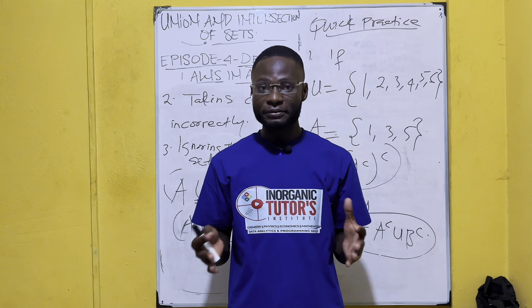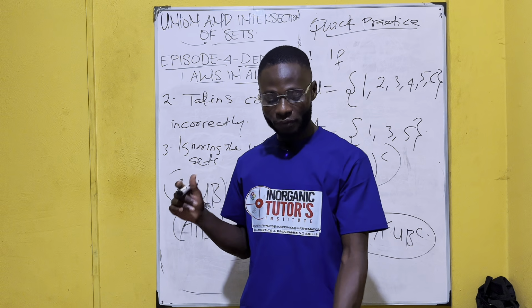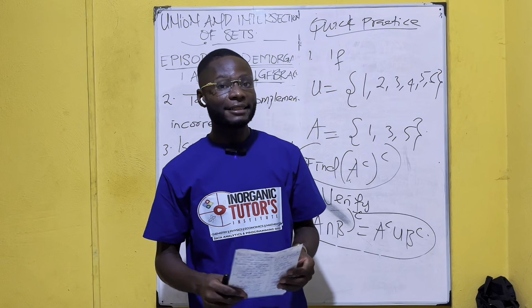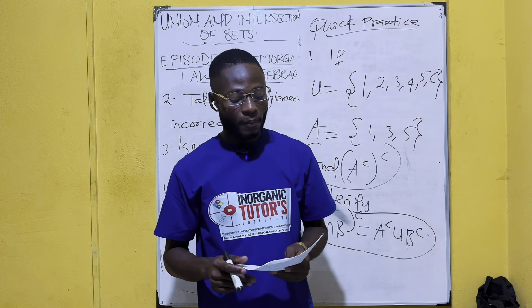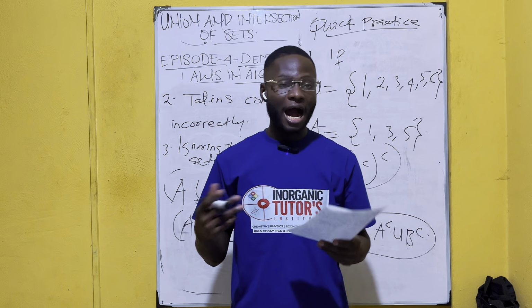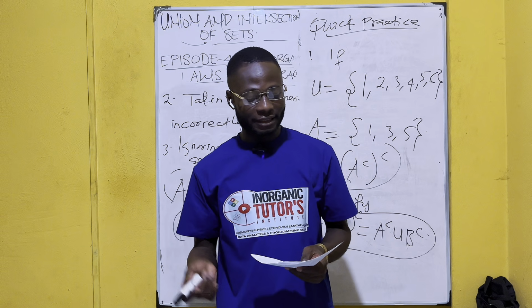But let me give you a summary or conclusion to this episode 4. Basically in this episode, we studied De Morgan's law, which describes how complements interact with union and intersection.